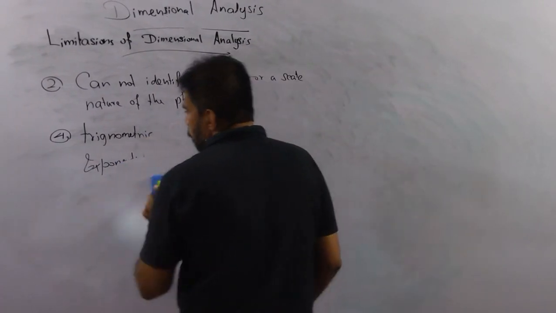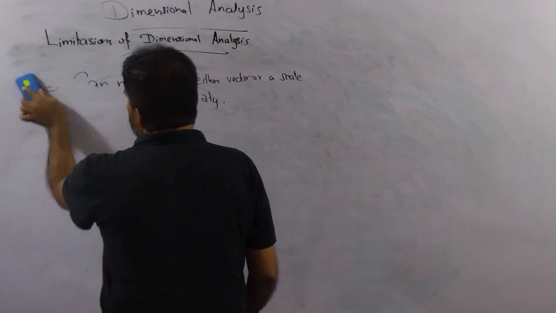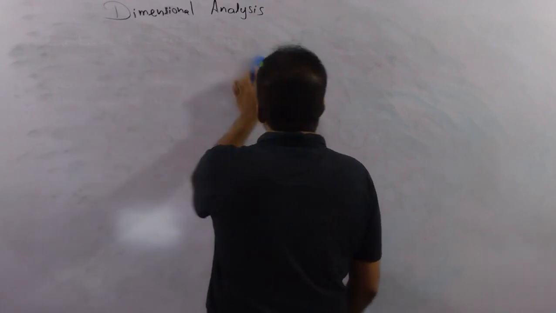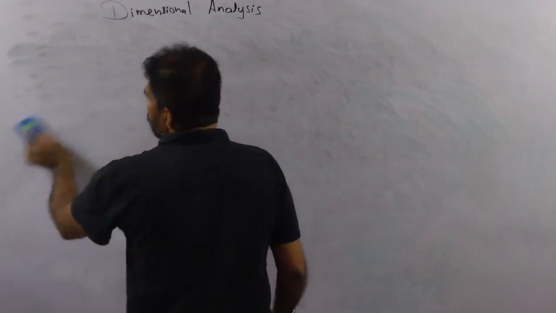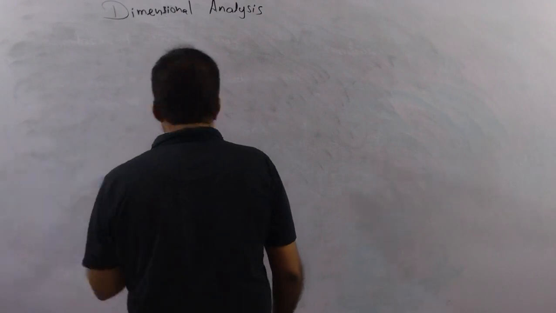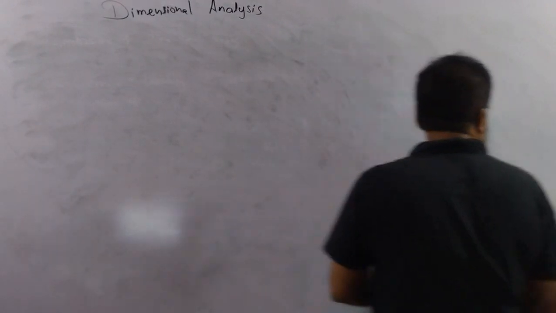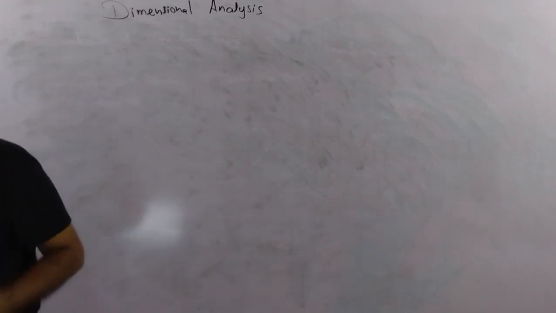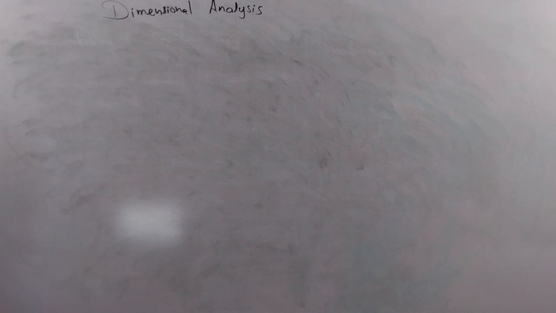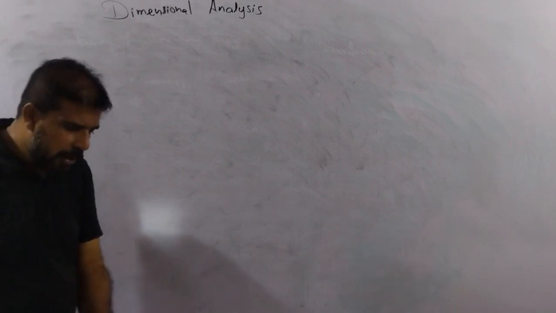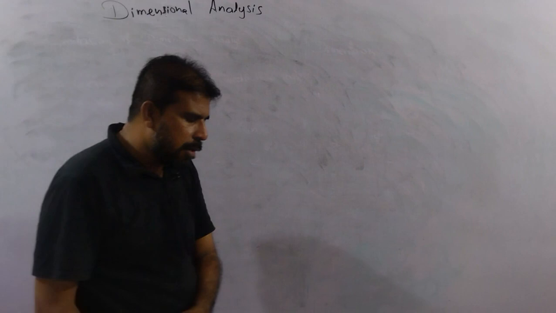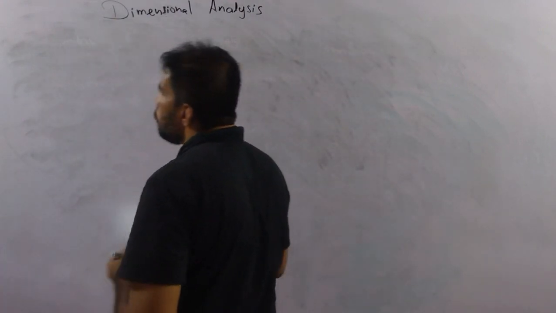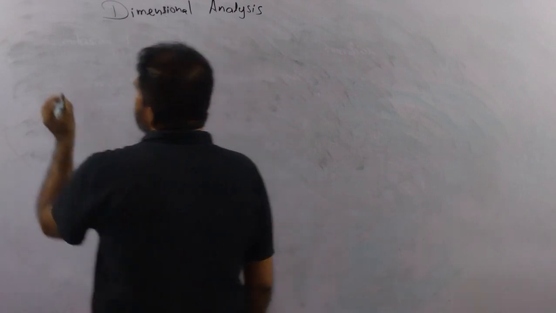Now we will go to the examples of dimensional analysis. We said we use dimensional analysis for two specific purposes: to check the correctness of a given equation, and to find the final relationship between given quantities. Before that, we learn a small thing called the principle of homogeneity.